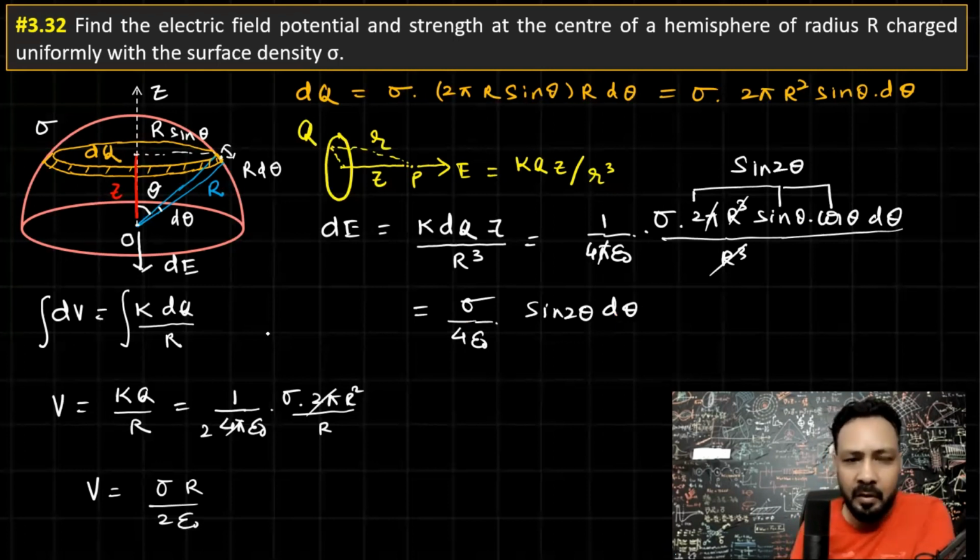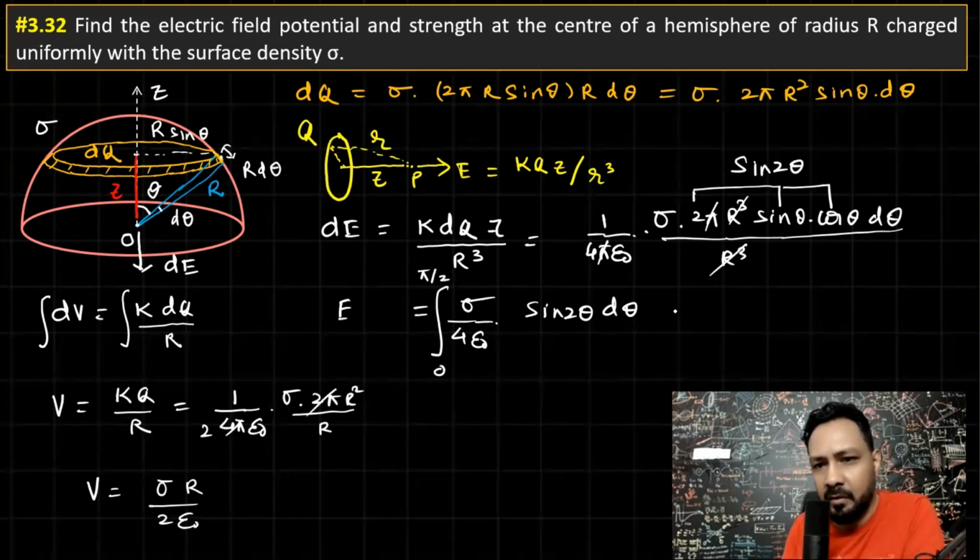That's all set up. All elements that we will take will have the electric field along the same direction, so direction-wise everything is there. So we have to make a simple integration. The net electric field is the integration of this, and this integration, as I told, will go from 0 to pi by 2. That integration is going to be sigma upon 4 epsilon naught, and the sin 2 theta integration is minus cos 2 theta divided by 2.